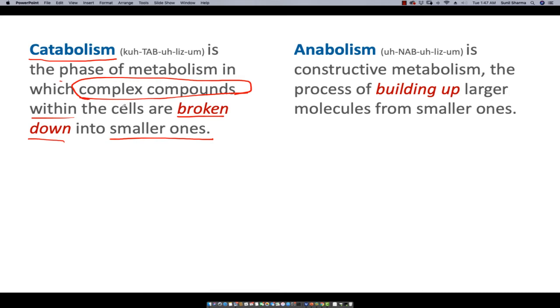That breaking down is called catabolism.